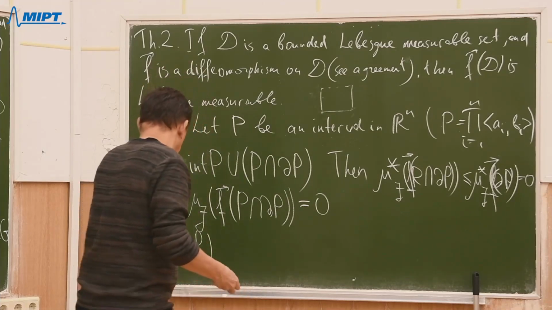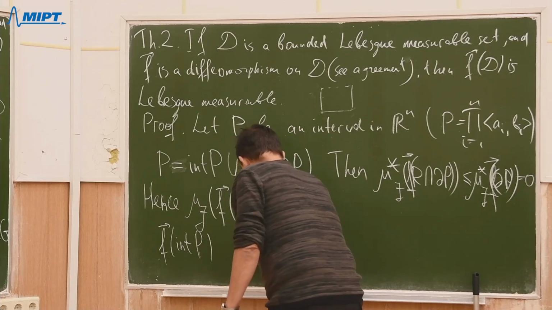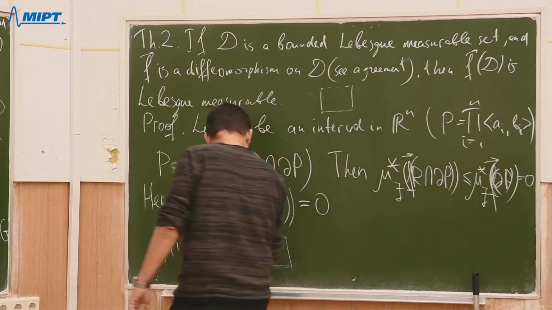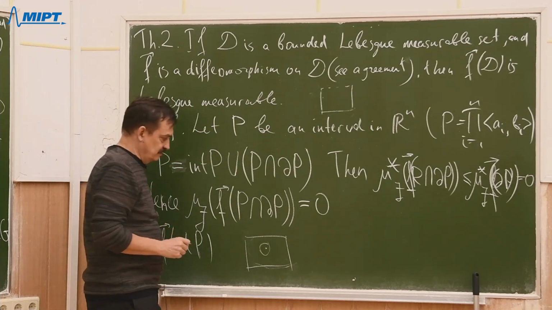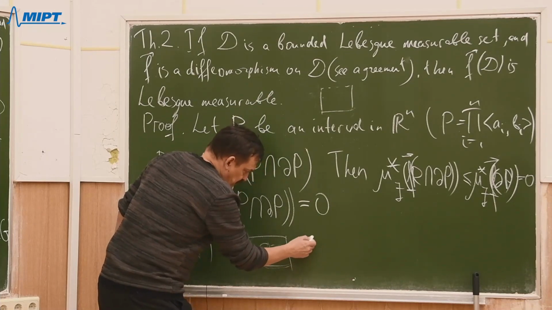Because look, P is in fact like that, right? So you have here a point. This is an inner point, right? Then you can map it.